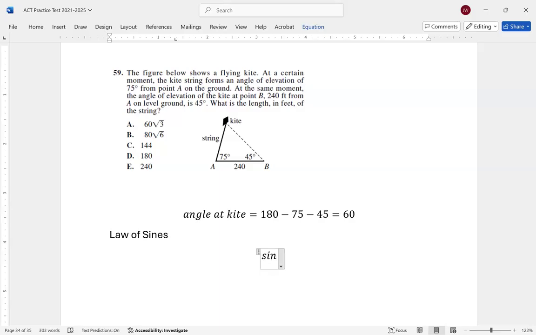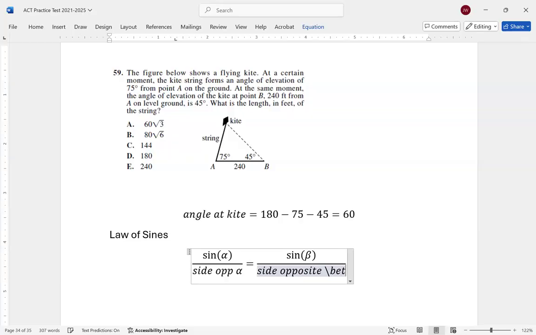This says the sine of an angle, usually we'll call this alpha, divided by the side opposite of alpha, is equal to the sine of another angle, which we'll call beta, divided by the side opposite of beta. All right, so that's the law of sines.